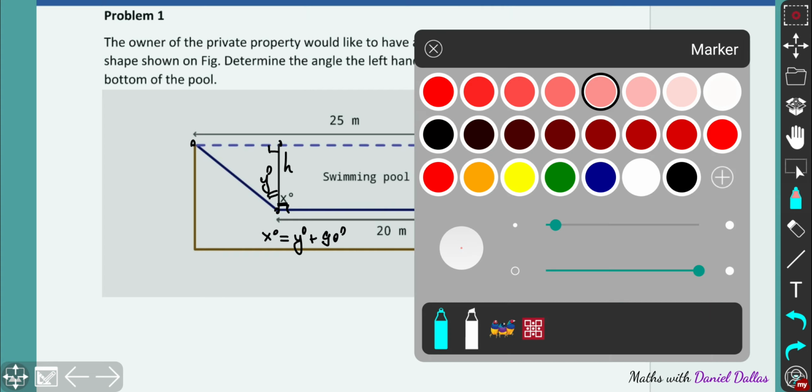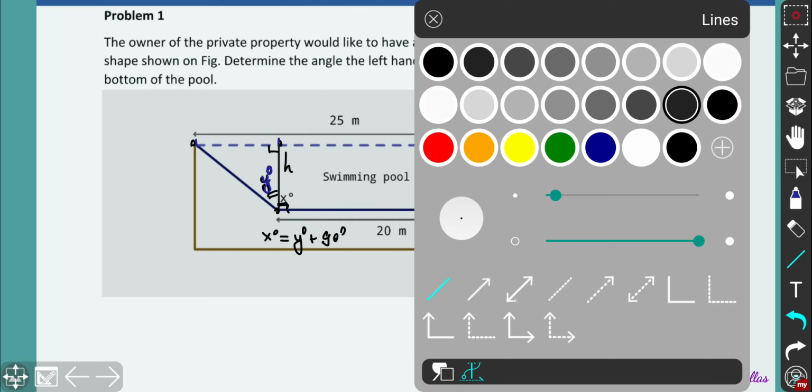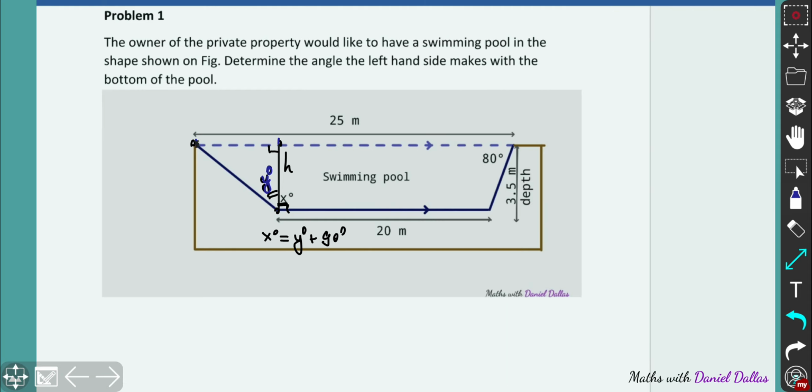Here is y, our target angle, and I'll mark it in pink. No, it's not a good color. Anyway, this y is our target angle. So how do we find y? Ideally, we need to know this part, and let's call it b.